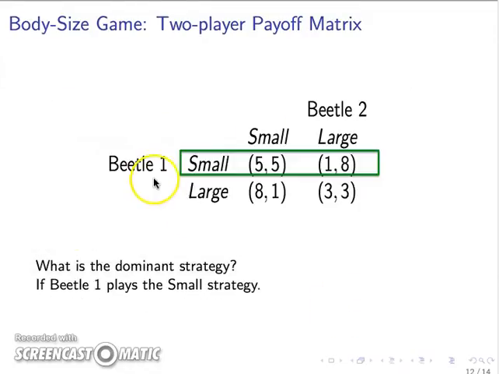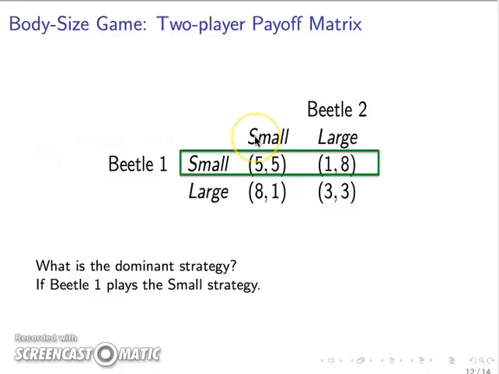So let's assume now that it's not beetle 2 but beetle 1 which is locked in. Let's assume that beetle 1 has the phenotype of small body size. And let's do the same we did, but now for beetle 2. So if it is given that beetle 1 has a small body size, then beetle 2 has one of two options.